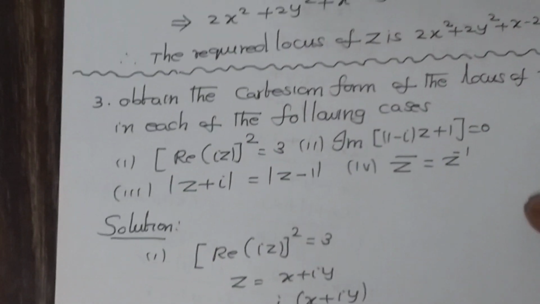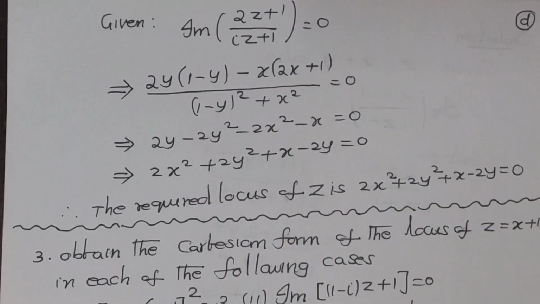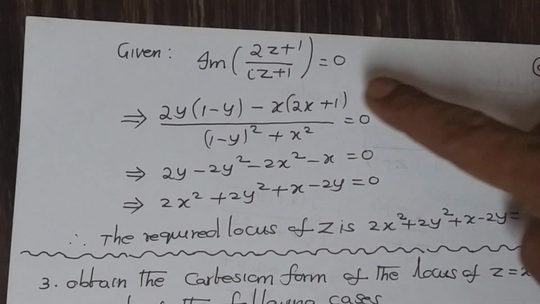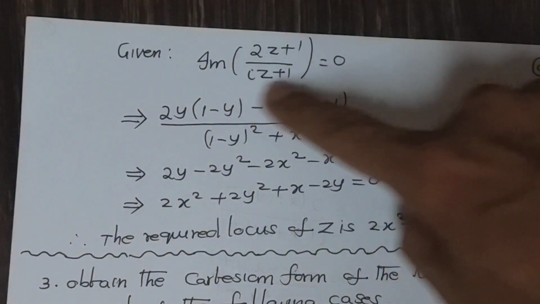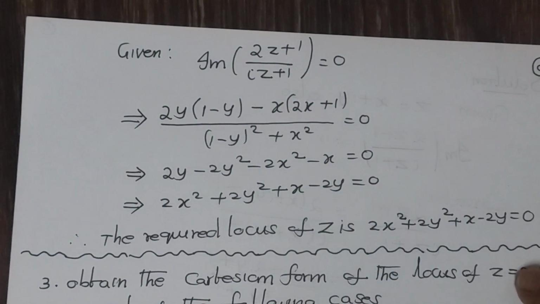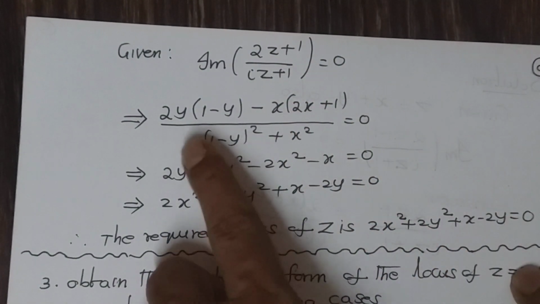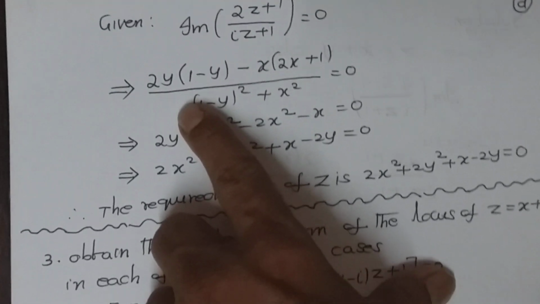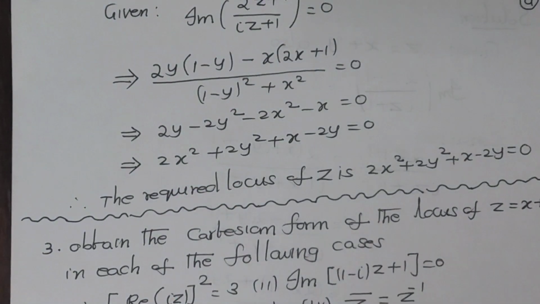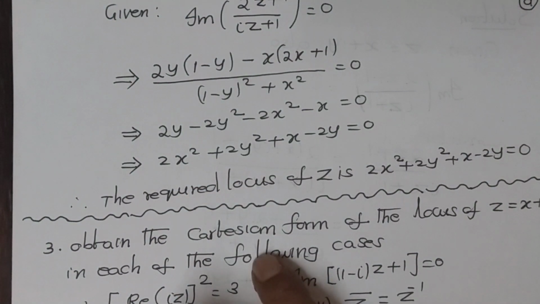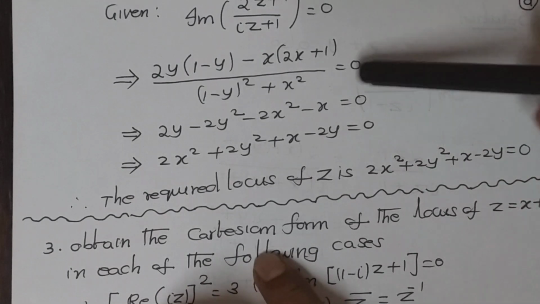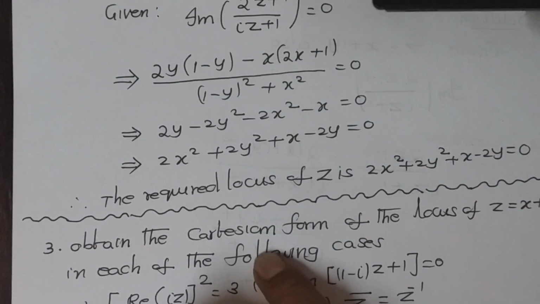So for that listen carefully. Now the imaginary part of z plus 1 by iz plus 0. Who is the imaginary part, I already told, the I coefficient. So 2y into 1 minus y minus x into 2x plus 1 whole divided by 1 minus y the whole square plus x square, that is equal to 0. Now if you cross multiply, 0 into this one, 0 only will come.